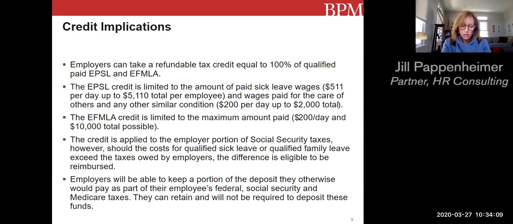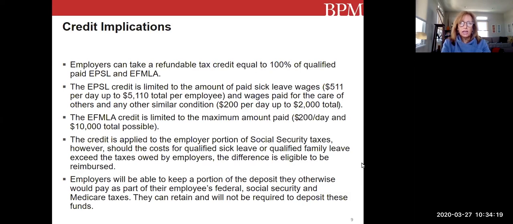Let me just add here that you want to be very careful to track all of these leaves diligently, and with notice to the employee. But while we're talking about the tax credit component, the ability to do that is going to be much more efficient if you can track those leaves in your payroll system by adding a payroll code for both the sick leave and the emergency family leave.